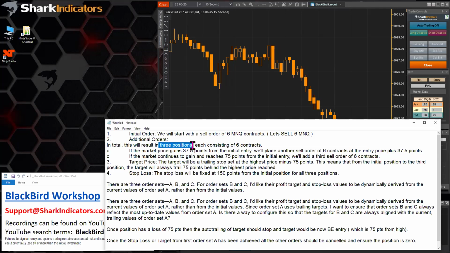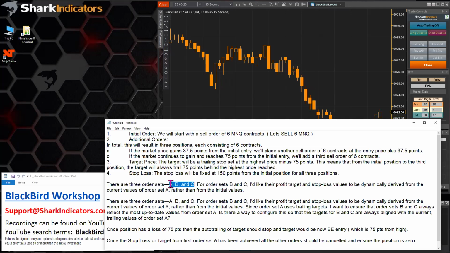So we might have three positions here at any given time. So we might have order set A, order set B, and C, depending on how the market moves there.